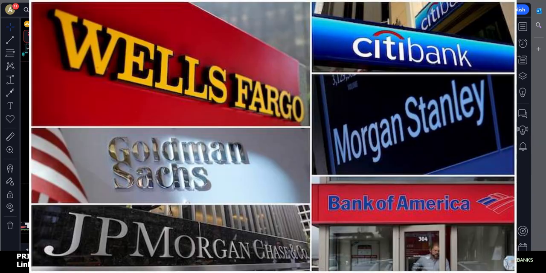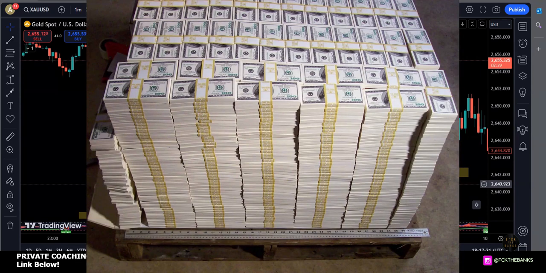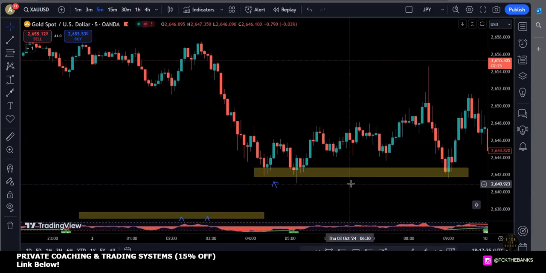Now, the big fish are banks, governments, institutions, hedge funds. And obviously, the only thing that they care about is having a good price, because they are trading with hundreds of millions of dollars. So every little pip or point or move represents hundreds of millions of dollars, okay guys?